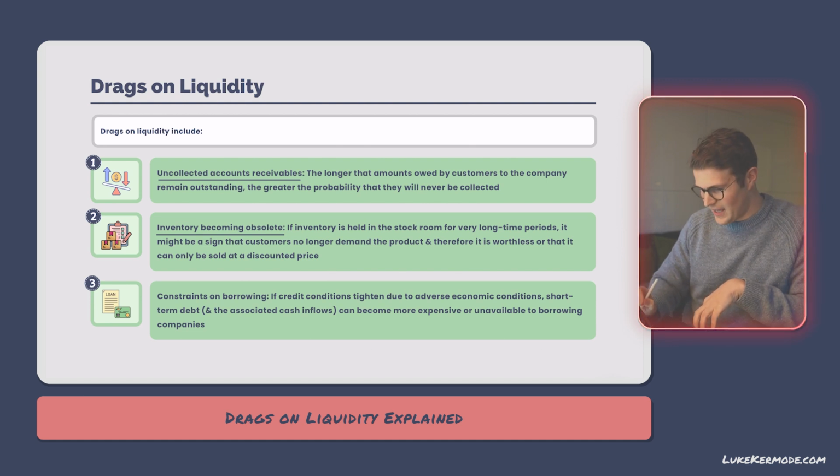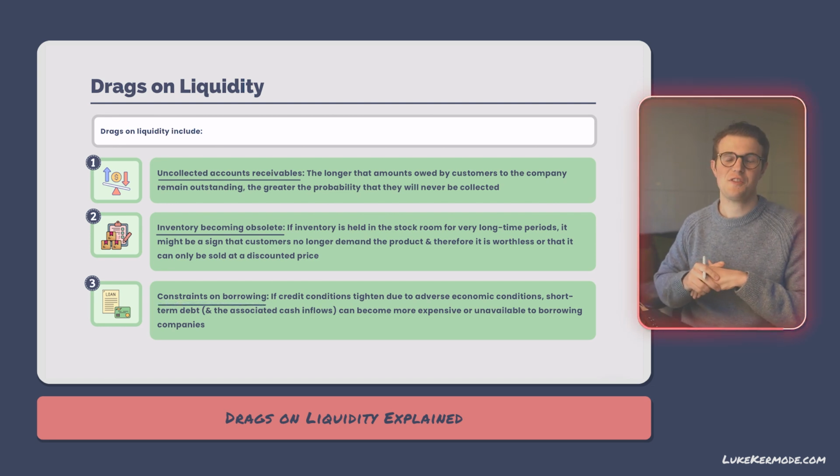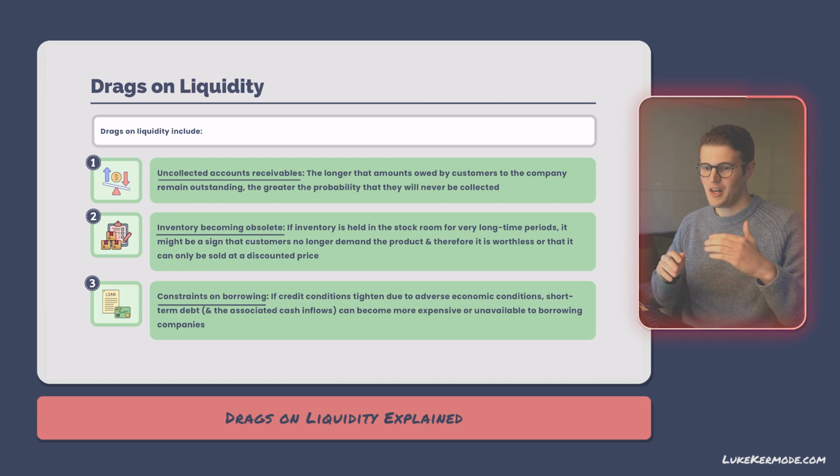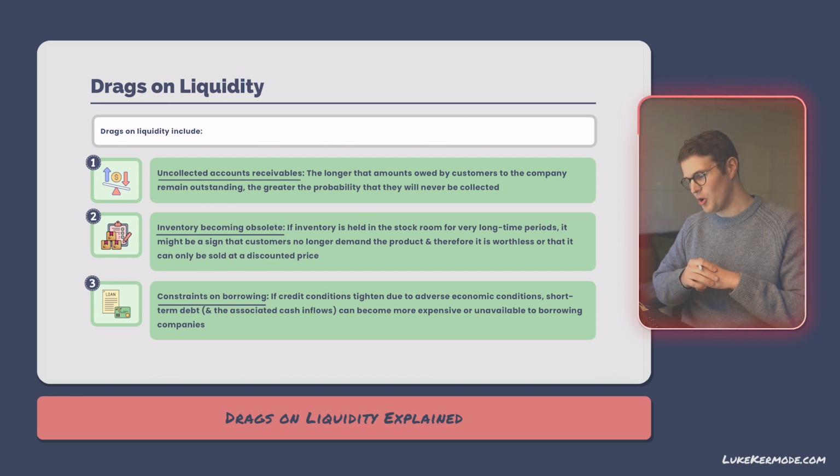So a restriction on borrowing can lead to lower cash inflows because the lower the access to credit, the less cash that's going to come in from loans and borrowings from lenders. That's the three key drags on company liquidity.